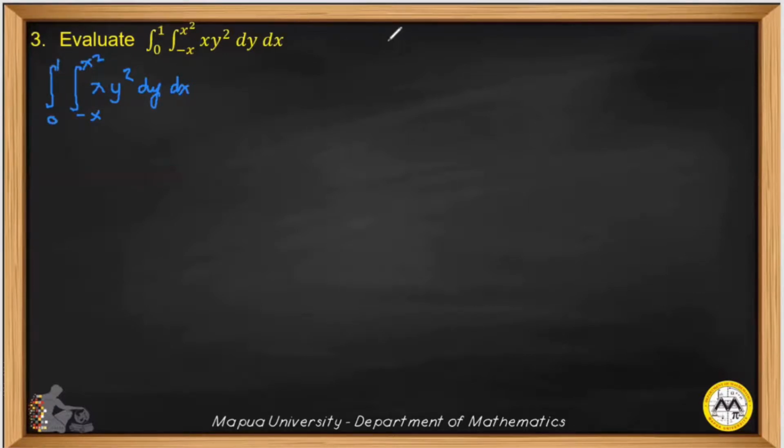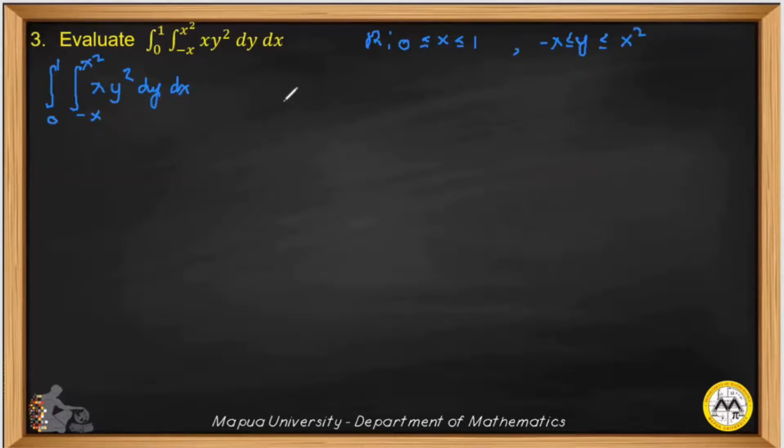Okay, by the way, if we are going to write or indicate the region R, we have the region R, which is non-rectangular, where x goes from 0 to 1 and y goes from negative x to x squared.